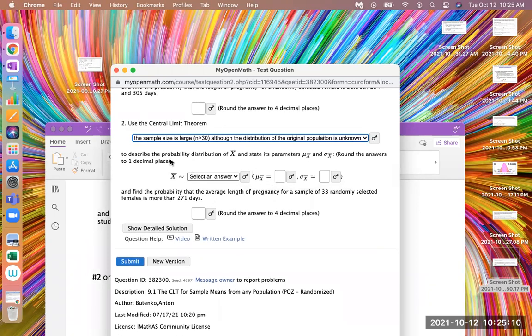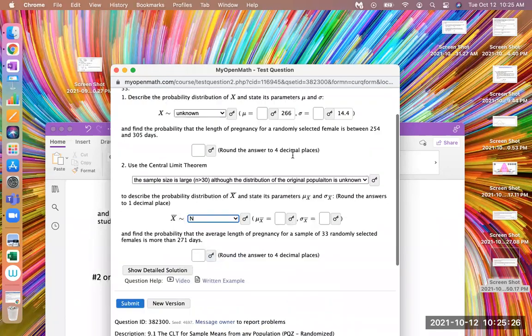Then to describe the probability distribution of X bar and state the mean and standard deviation: it's normally distributed, so N, because the sample size is large. The mean is the same as the mean of the original distribution, so this 266 stays the same.